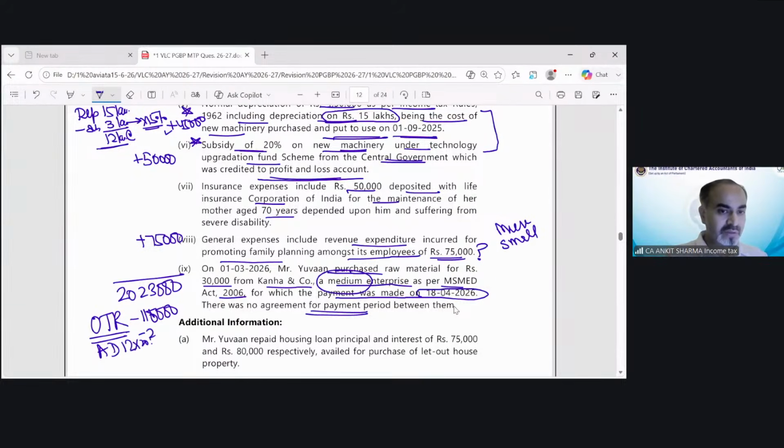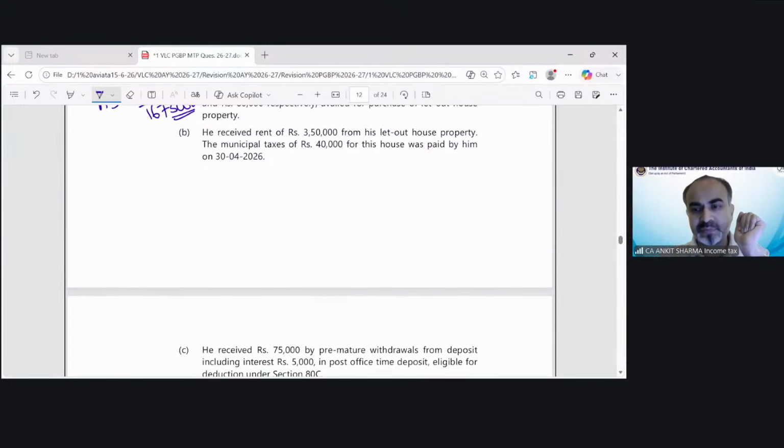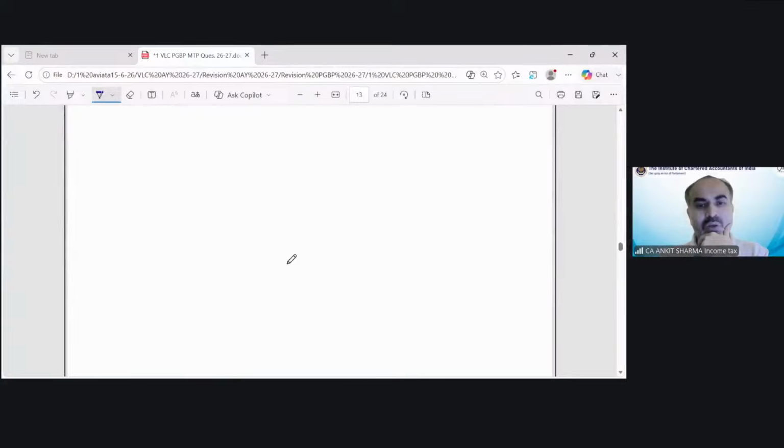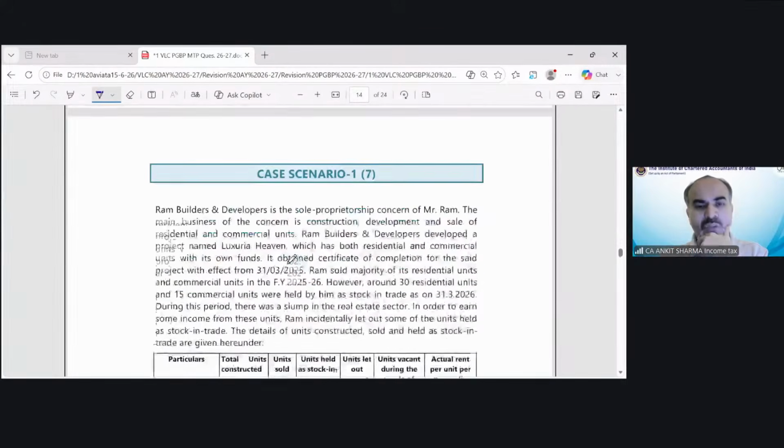That means 2,40,000 can also be claimed. So that would be 16,73,000, business income under optional tax regime. Clear, students? Moving on to next. Now some case scenario based questions are there.